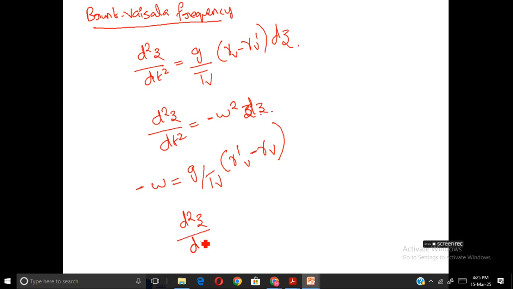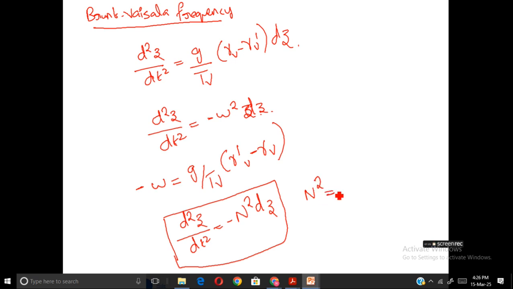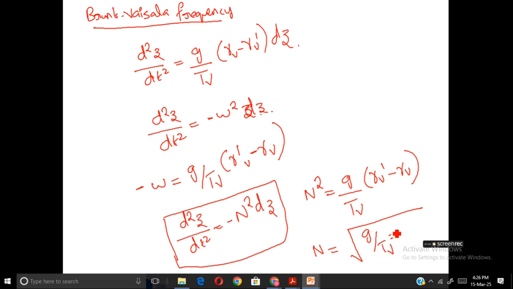So d square z by dt square is equal to minus n square z. It is written in this form generally. So n square is given by g by Tv into gamma v dash minus gamma v, or n can be written as root of g by Tv into gamma v dash minus gamma v.